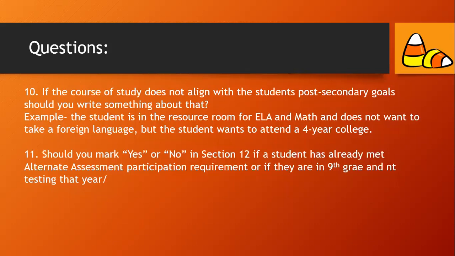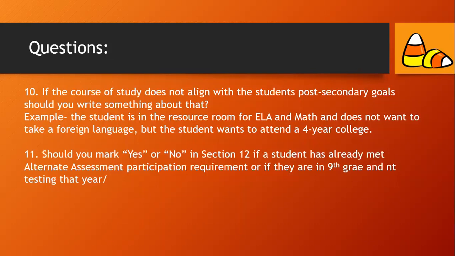Because when I first read this, I was thinking modified curriculum, but you're right. If they really want to be college bound, but the parents don't want them out in a general ed classroom, you could write that they're going on to a 2 or 4 year college.